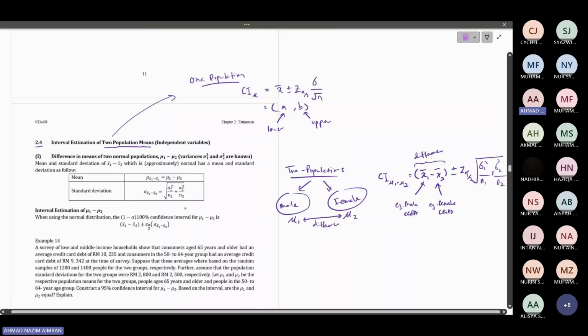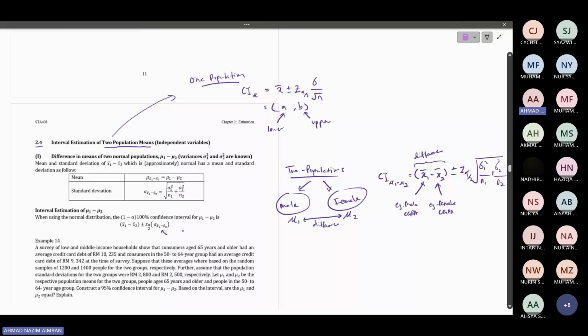You can expand this; this term is actually the standard deviation. You can also replace it with the variance for group number one over n1 and the variance for group number two over n2, the same as what I wrote here.